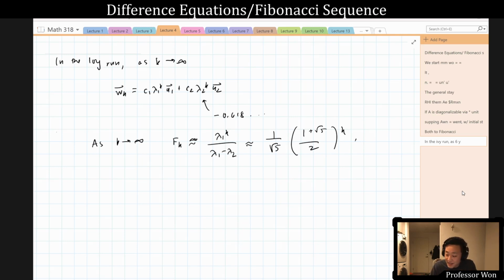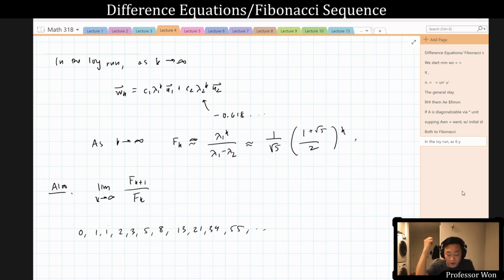Okay, and let me just point out, because it's mentioned in the notes, if you take the limit as k goes to infinity of the ratio of the Fibonacci numbers, let's do some experimentation. The Fibonacci sequence was 0, 1, 1, 2, 3, 5, 8, 13, 21, 34, 55, etc. So I'm asking, what happens if you take the next Fibonacci number over the previous one? First you would have 1 over 1, that's 1.